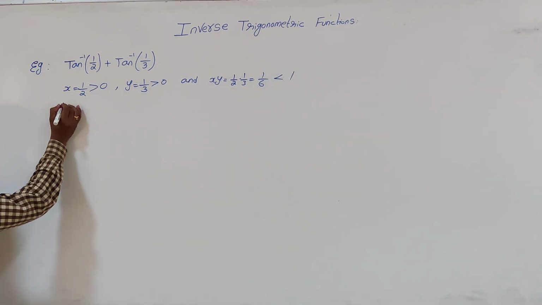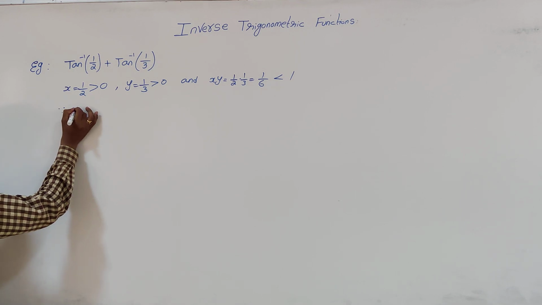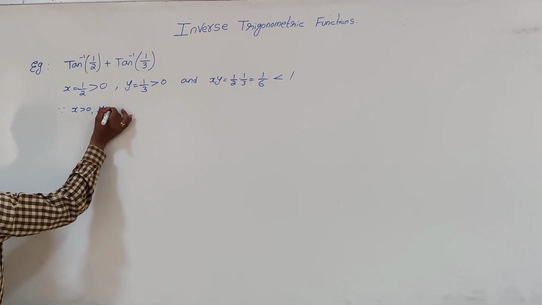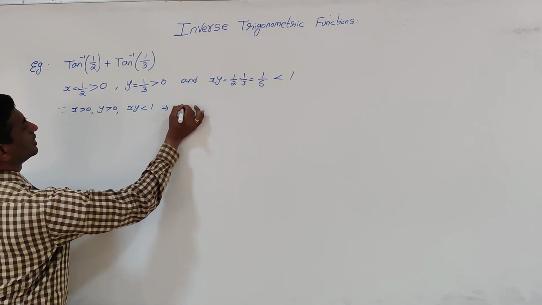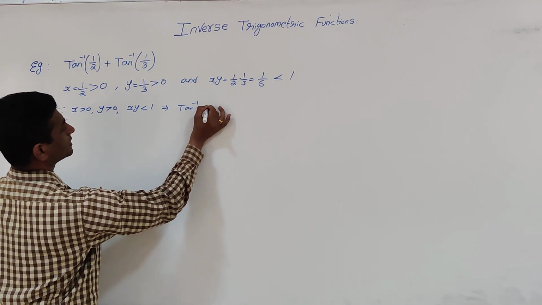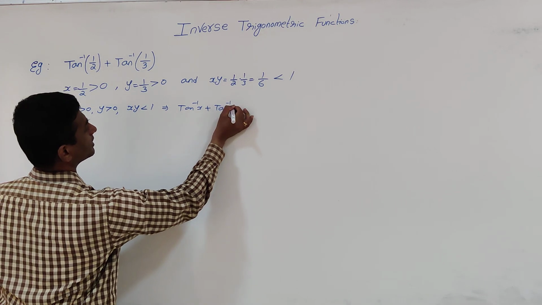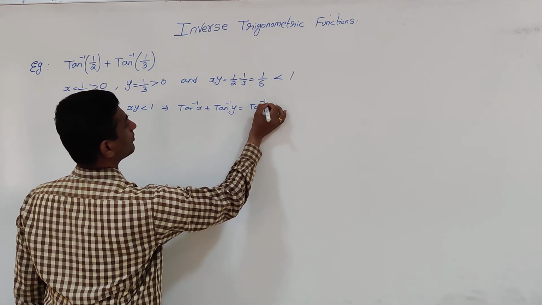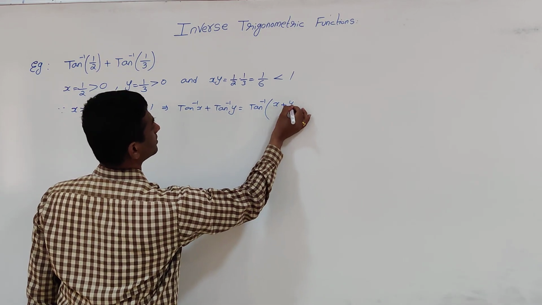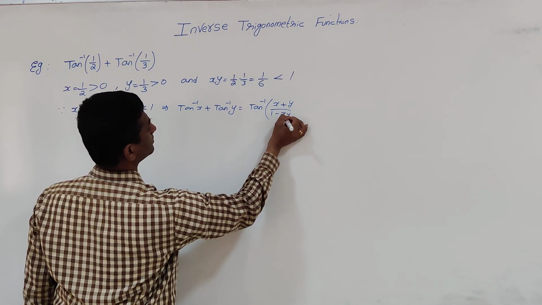Since x is greater than 0, y is greater than 0, and xy is less than 1, the formula we can apply is tan inverse of x plus y by 1 minus xy.